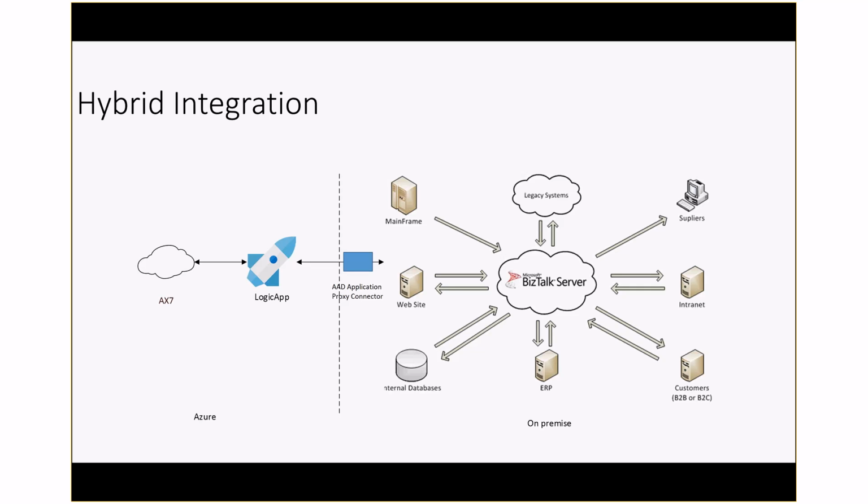There are a lot of options for that authentication, and by doing this you'll be able to enable a hybrid integration from your cloud assets to on-premises assets in a secure fashion. Obviously that is not the only solution. You can use Azure Service Bus. There are a lot of other solutions, but this is one popular solution that has been considered.